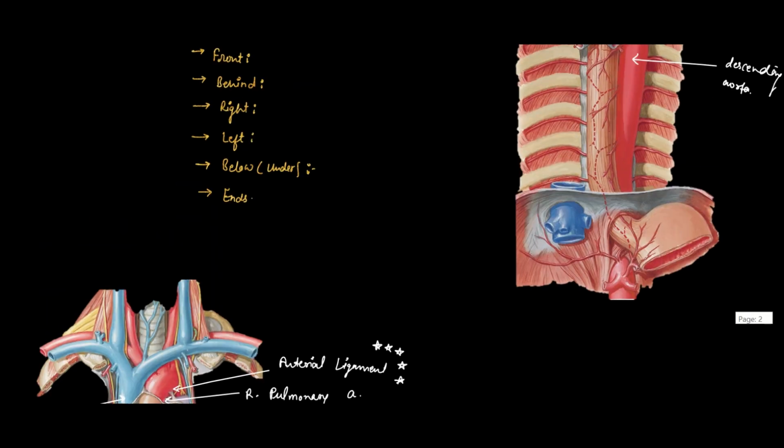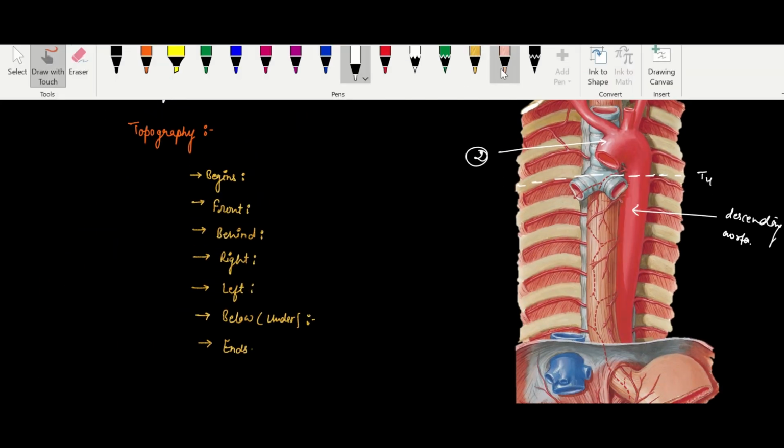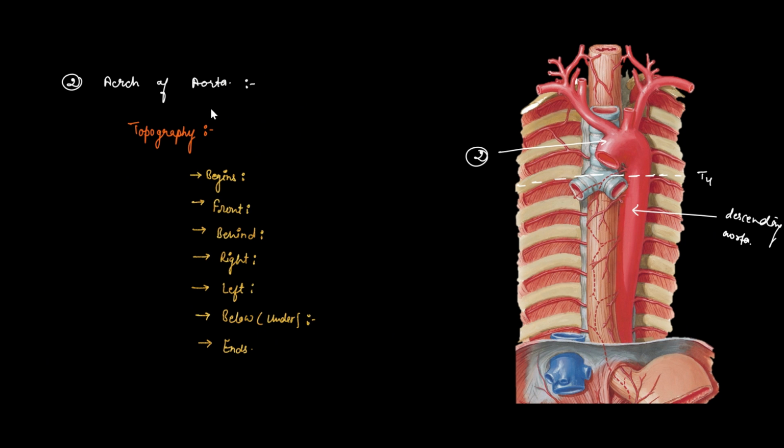So let's look now at the topography and write it in a very simple way. We saw that the arch of aorta begins at the level of the right second rib cartilage. In the front lies the left brachiocephalic vein.